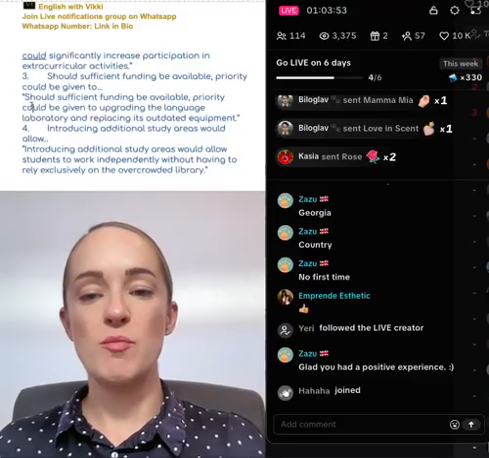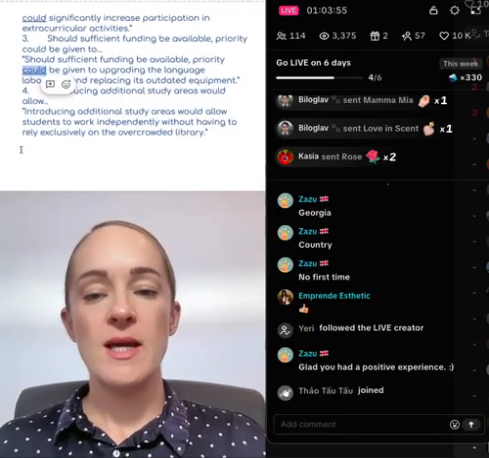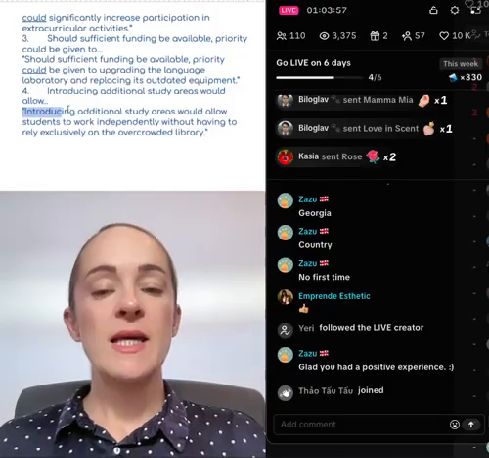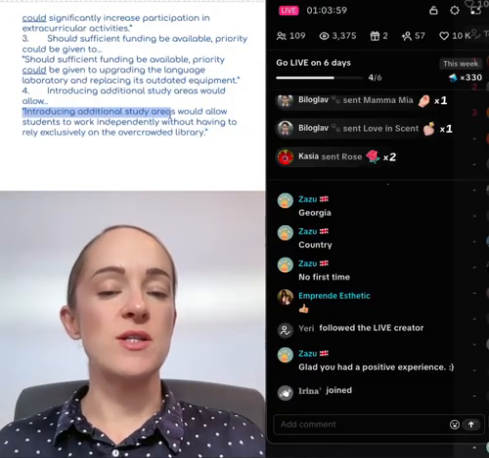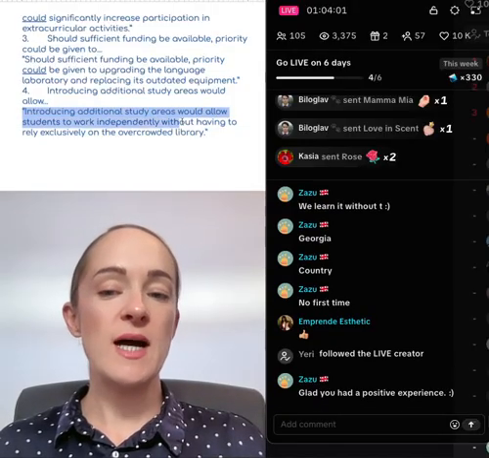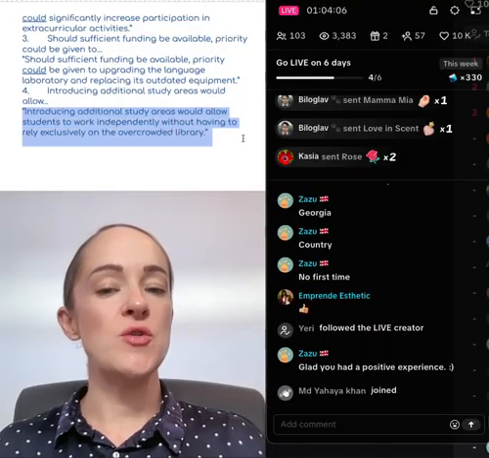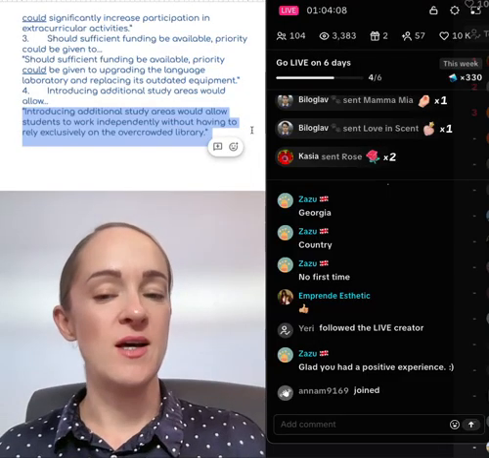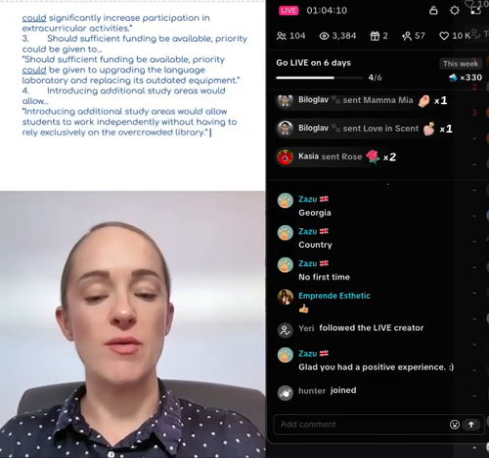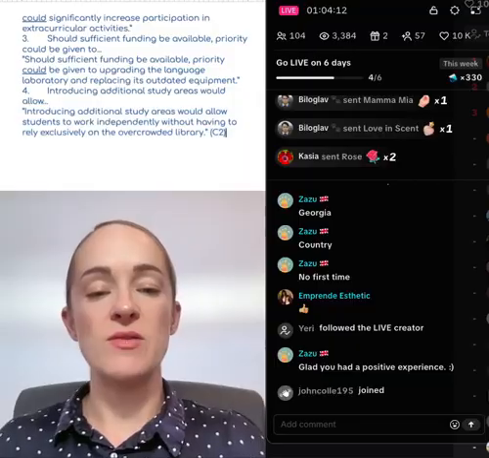Okay, could be given. Example number 4. Introducing additional study areas would allow students to work independently without having to rely exclusively on the overcrowded library. Now for Jacob, this would be level C2.